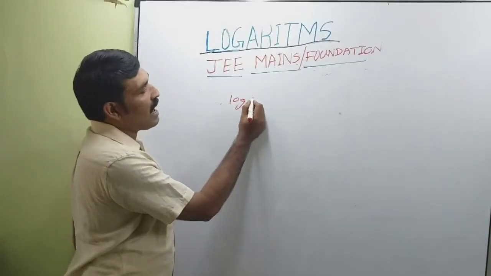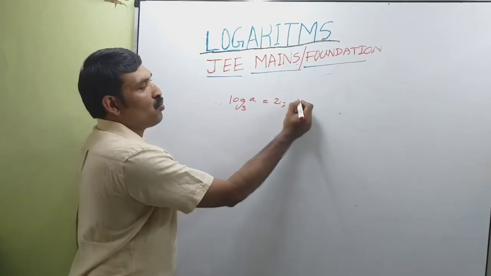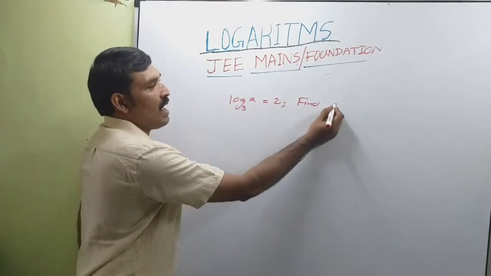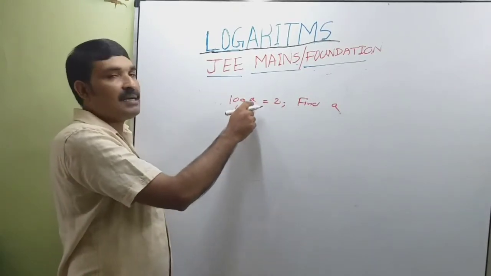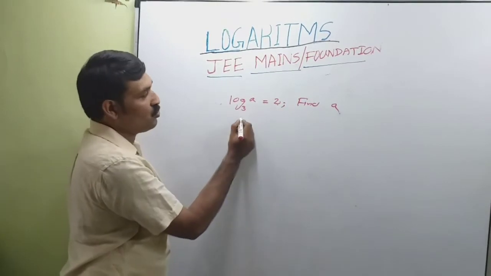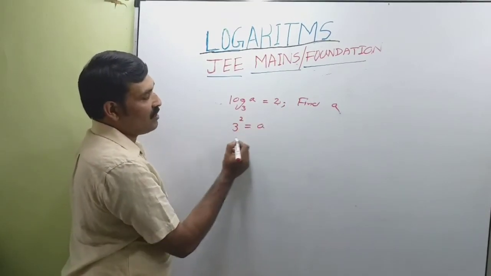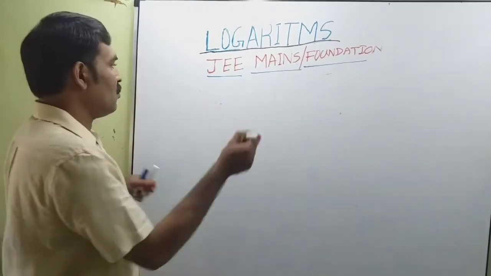Log a to the base 3 is given as 2. Find a. Here the exponent is 2, the base is 3, the number is a. So we can write 3 raised to the exponent 2 is equal to a. That implies a is equal to 9.